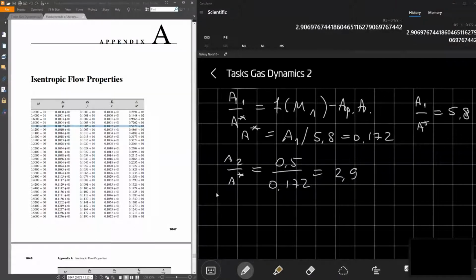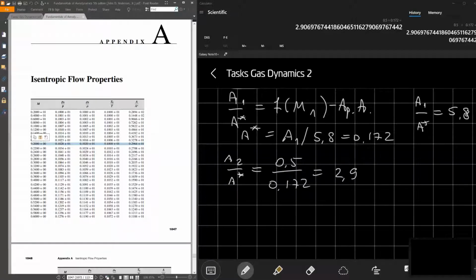Okay, so this is the number I'm looking for inside appendix A. Since the area-Mach number relation is a quadratic equation, we have two roots. One will correspond to the subsonic section and the other will correspond to the supersonic section. I already see the closest value to area ratio 2.9. It's 2.964.